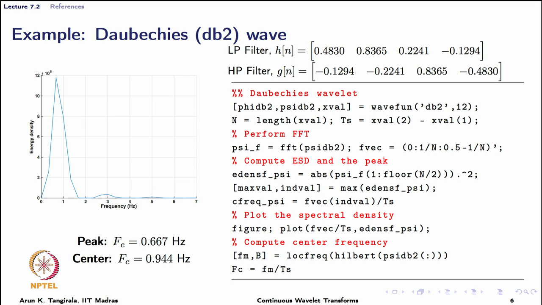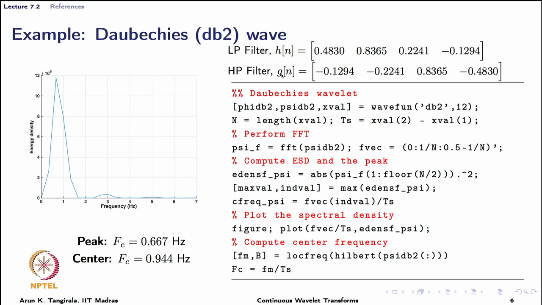We have not discussed what a scaling function is. It is essentially the brother of the wavelet, which is responsible for filtering the low frequency components of a signal. The wavelet takes care of the band pass, that is the higher frequency components of the signal. For this dB2, the filter coefficients are fixed and have been given here.